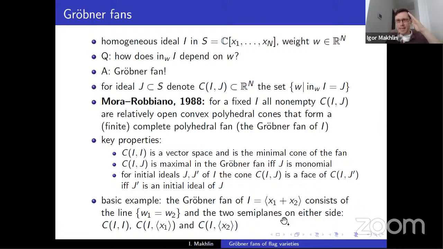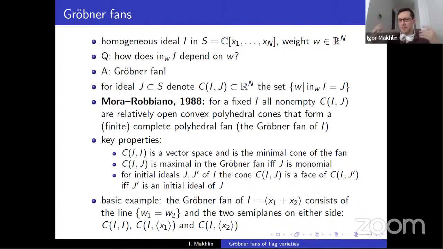So this is C_II, it's a line, and then we have two cases, the two semiplanes, when W1 is larger and when W1 is smaller. And these are the two initial ideals. One of them is the ideal generated by x1, and the other one is the ideal generated by x2. So this is a very, very simple picture.